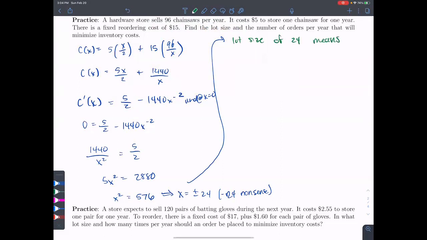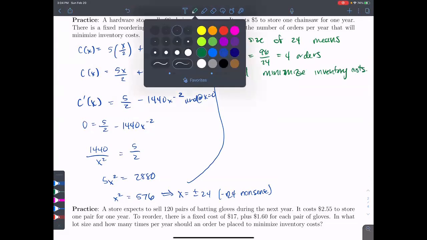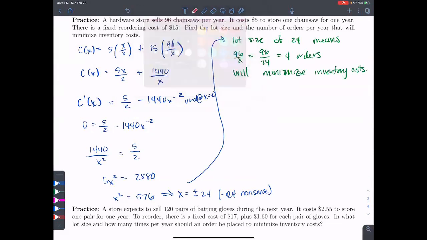Means 96 divided by x, which is 96 divided by 24, sorry, which is 4 orders. We'll minimize inventory costs. And then you want to just check that that is actually a min.